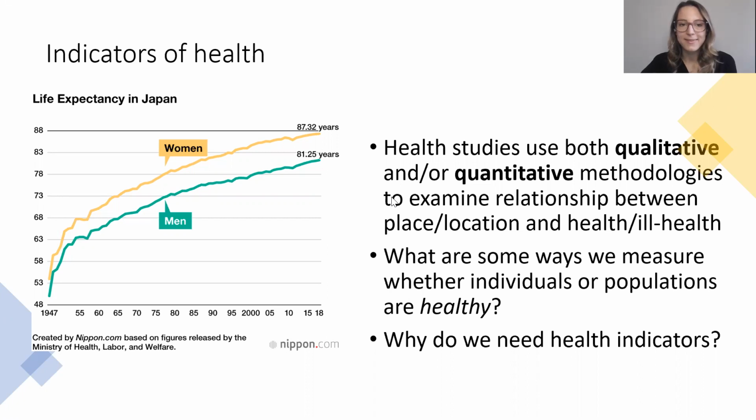So if they don't have diseases, how happy they feel. Yeah, so you could use mental health indicators, for example, life expectancy. Yes, some of you are observant there in the graph on the slide. Yep, amount of exercise. Yeah, so their level of physical activity might be an indicator of good health. Infant mortality rate, yeah, that's one.